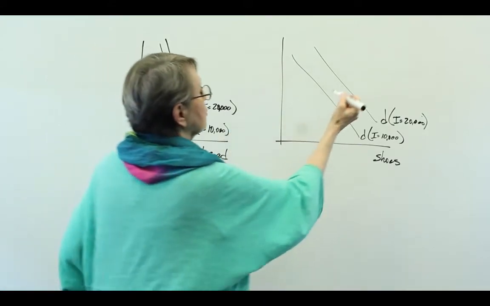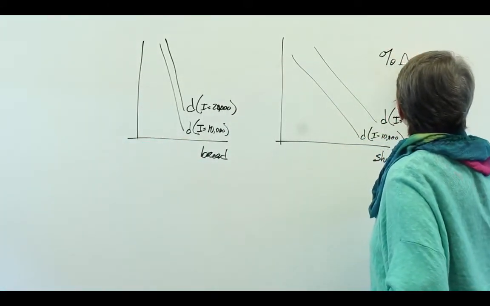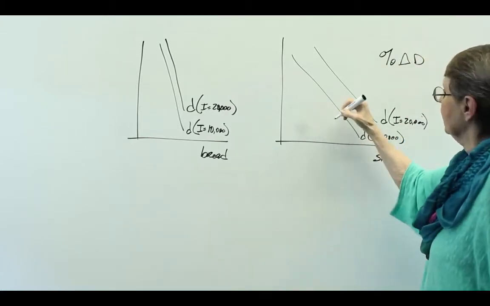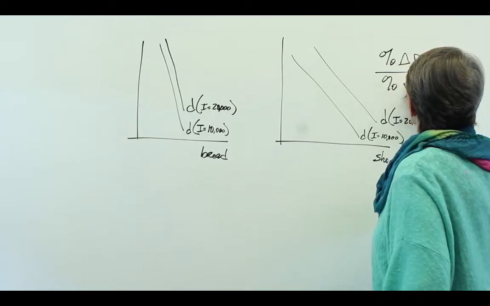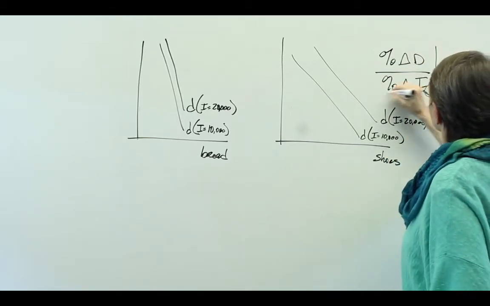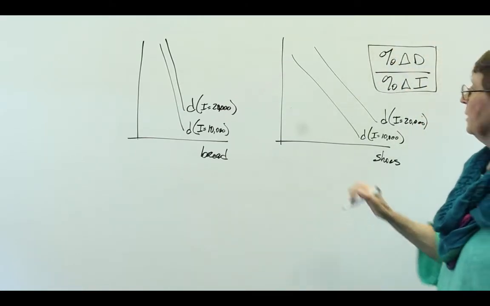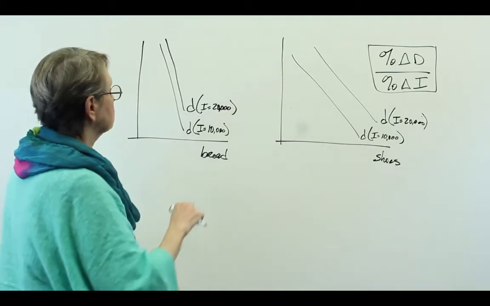And the measure that we use is the percentage change in demand, because demand has changed, that comes about because there's been some percentage change in income. So there's a change in demand when income went from 10,000 to 20,000.